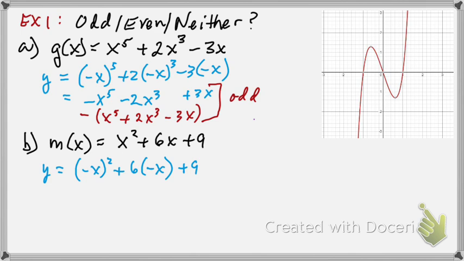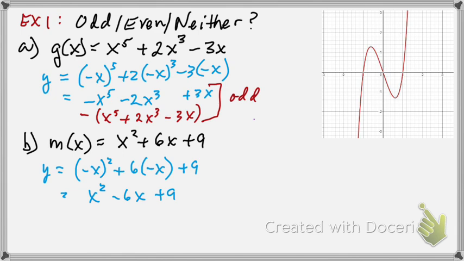All right. Negative x times negative x is x squared. This would be negative 6x plus 9. Does that look like the original? No. So we know it's not even.